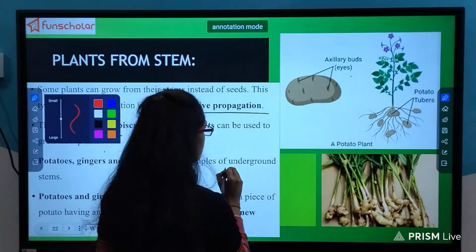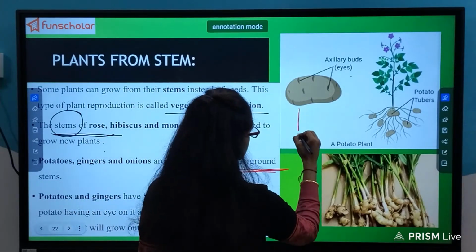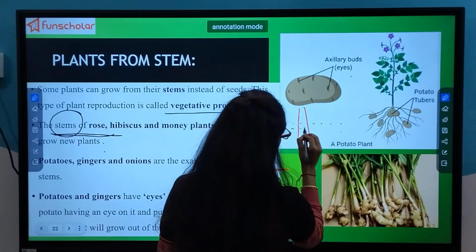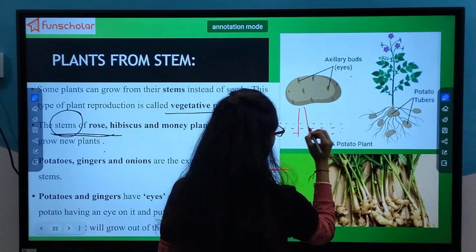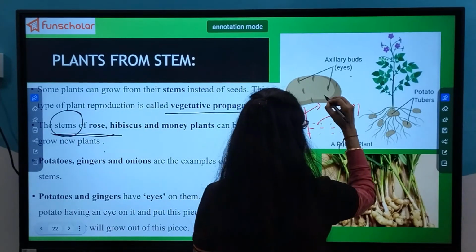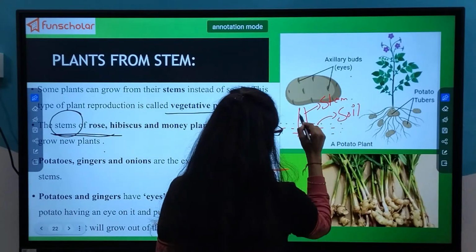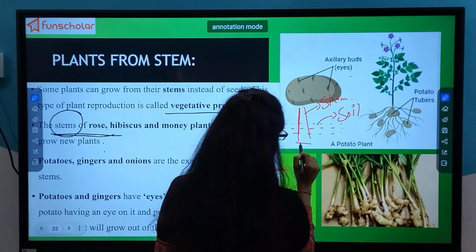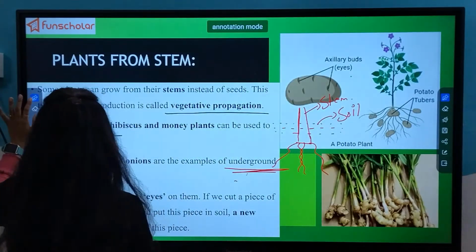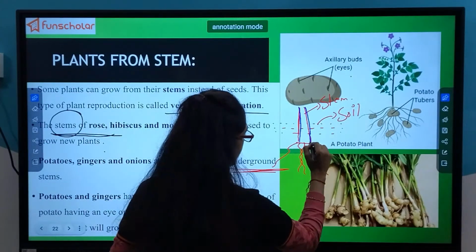Now, underground stem. What is underground stem? If a part of the stem is deep inside the soil, okay, this is not water, this is soil. This is stem, and this is the root. I'm doing it in a different color so that you understand.